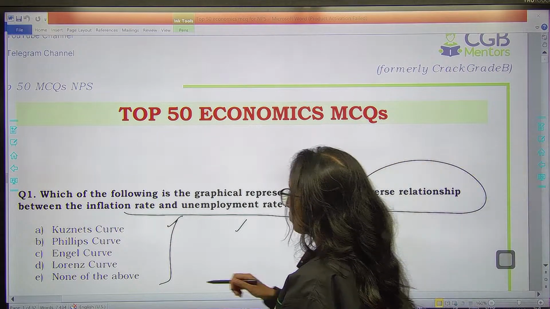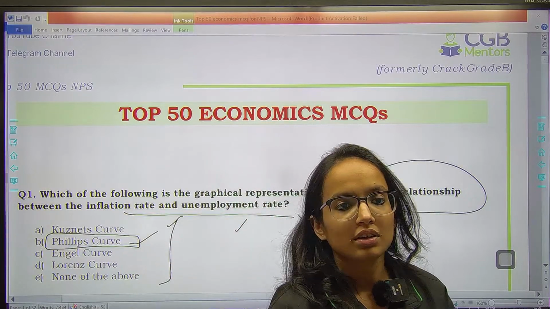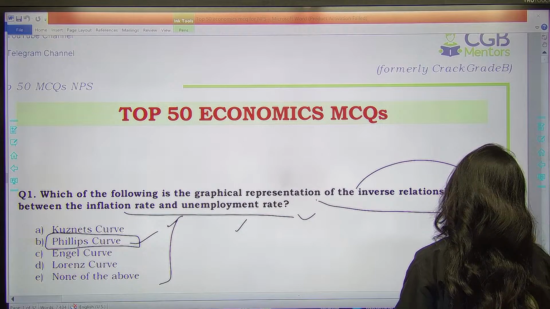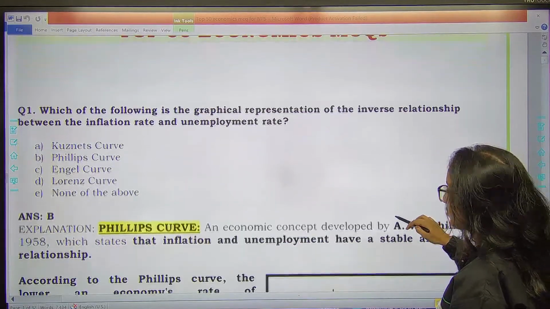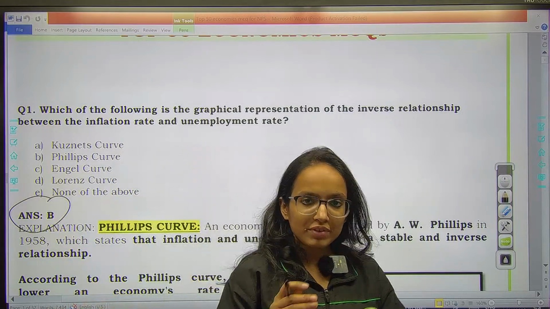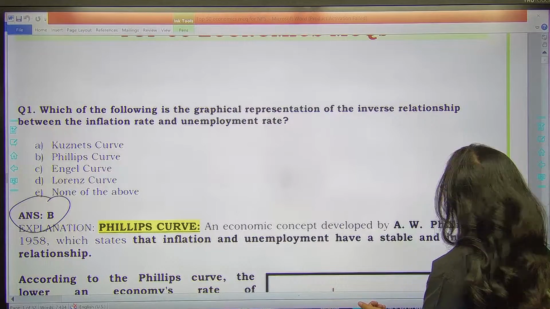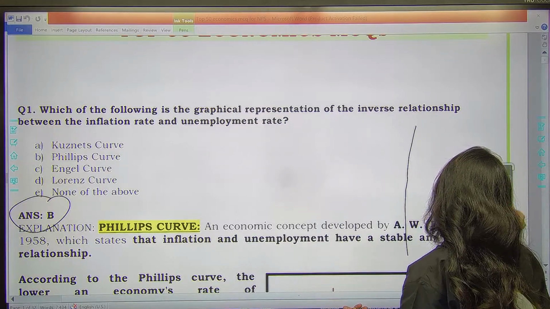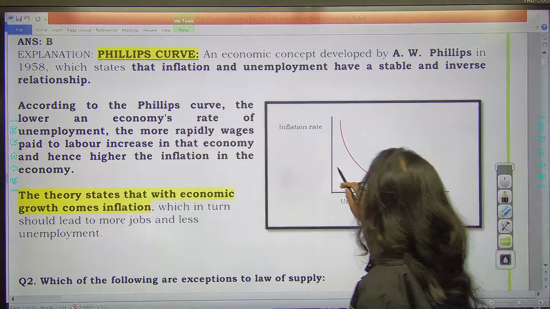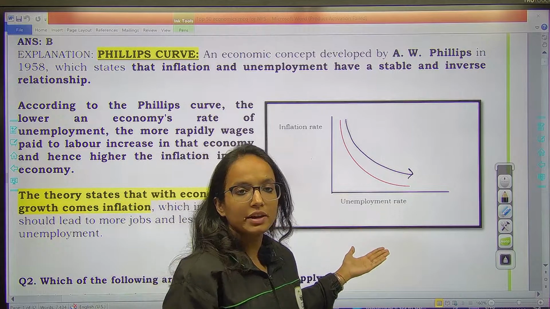Very good. The correct answer is the Phillips curve, option B. Phillips curve is the graphical representation. You all must know it gives you the inverse relationship between inflation rate and unemployment rate.